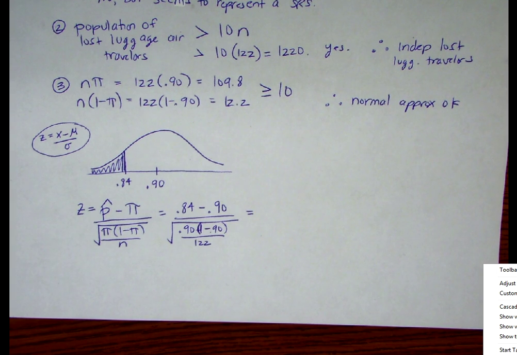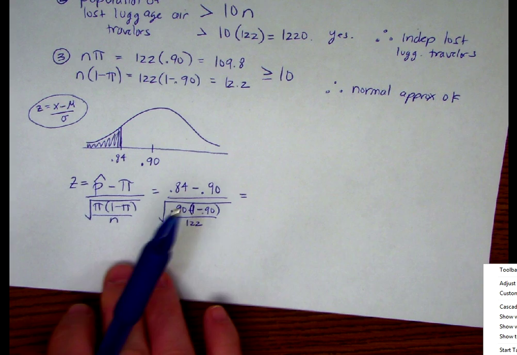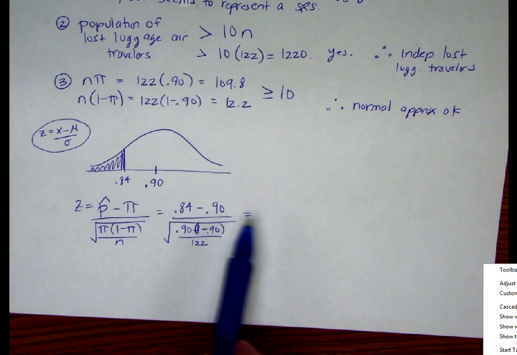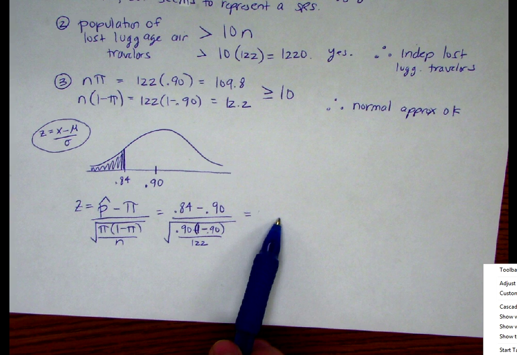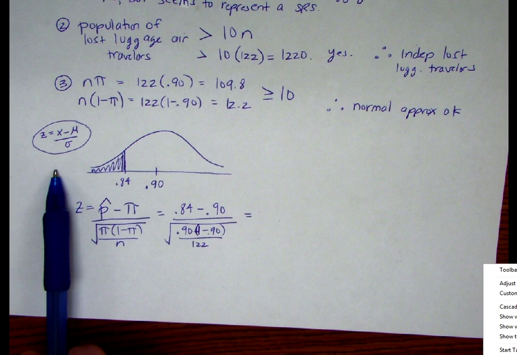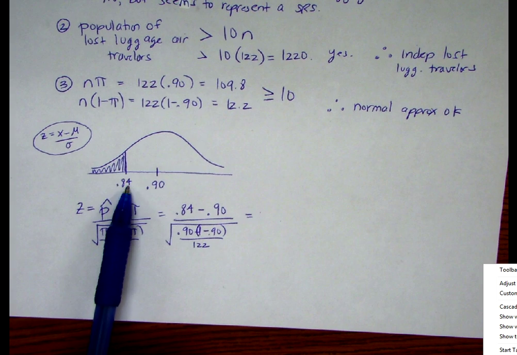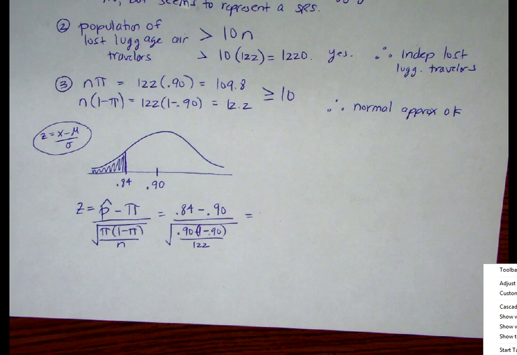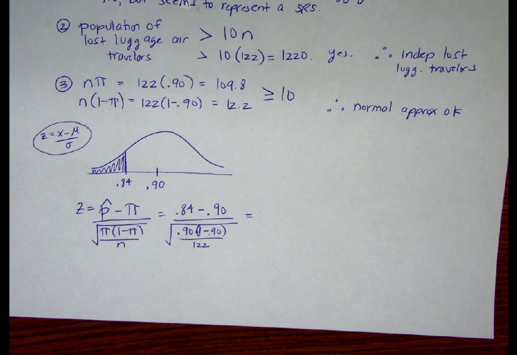Now, back in the day, when you were trying to find this area, you would find a Z value, and then you would go into your calculator, normal ZDF, and you do negative 999, comma, whatever this Z-score is. Now what's nice is we have calculator buttons very similar to the ones that you use for confidence intervals.